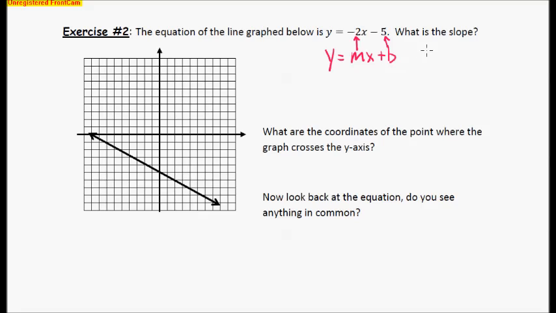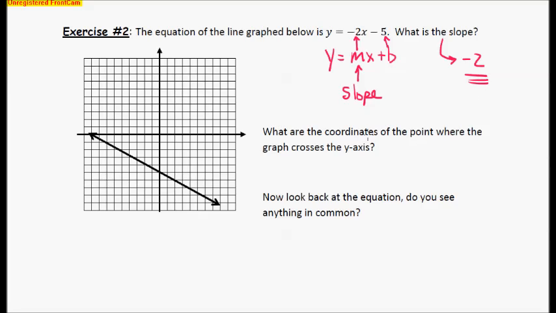So what is the slope? Well, that's easy. Your slope is what m is. So your slope is going to be negative 2. And if you remember, when we said you had a negative slope, your graph went down to the right, which this one does. So the slope is negative 2.